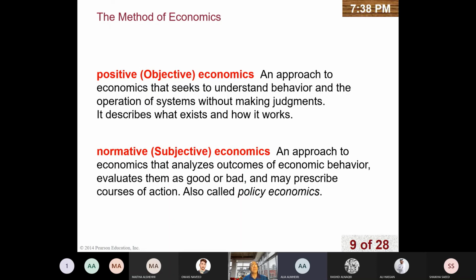Most economic theories are related to objective or positive economics. It describes facts without judgment, whether you like them or not. For example, if the price per kilo of tomatoes increases, the quantity demanded in the market will decrease. There is a negative relationship between quantity demanded and its price.